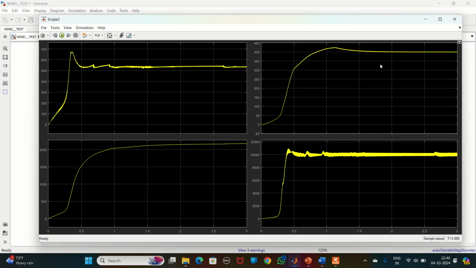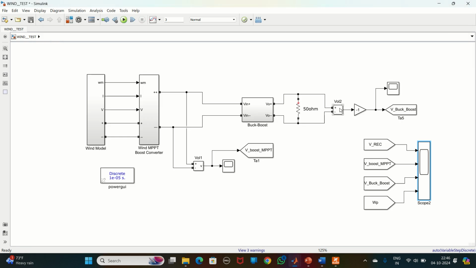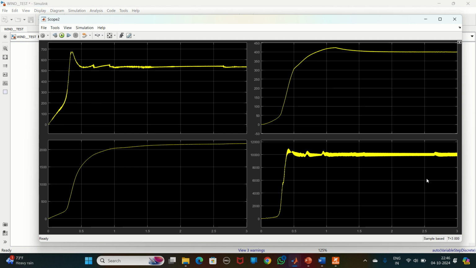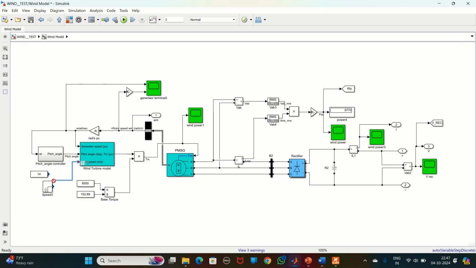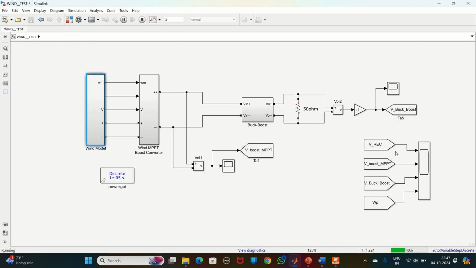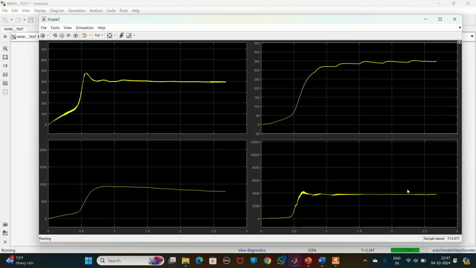Here it is giving okay. This response is also good. No issue. Currently it is working, but not like the previous one. We'll try to change the speed also. See here, you can observe the drop.